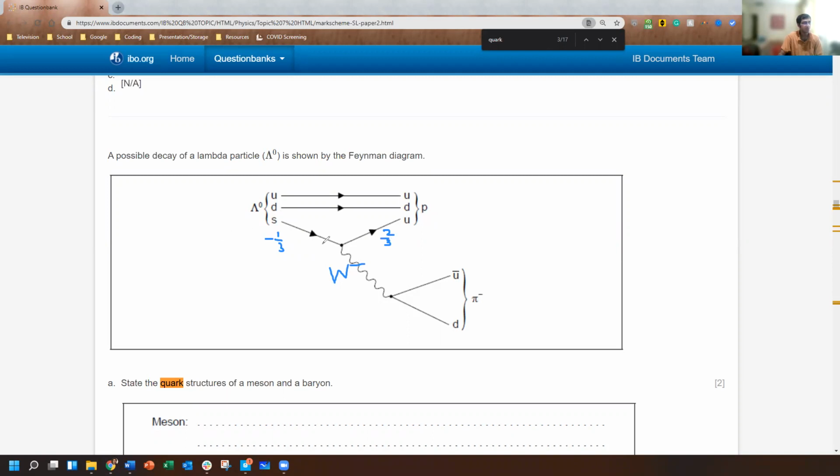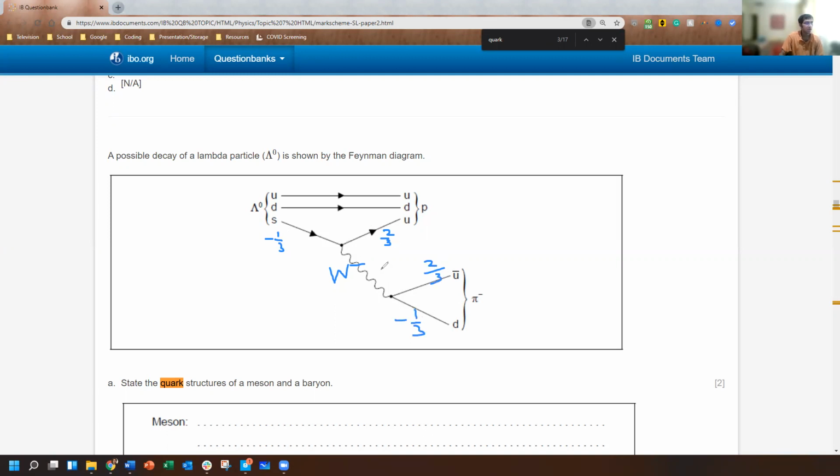Because if negative 1/3 is coming in, and that goes to 2/3 and minus 1, yeah. I think whatever's coming in has to equal this plus this, whatever's going out. So 2/3 and minus 1 gets to minus 1/3. So I guess similarly, if I have the anti-up would be 2/3, and this would be minus 1/3.